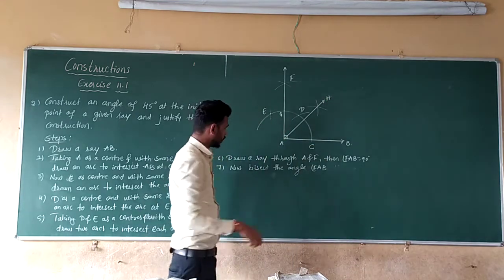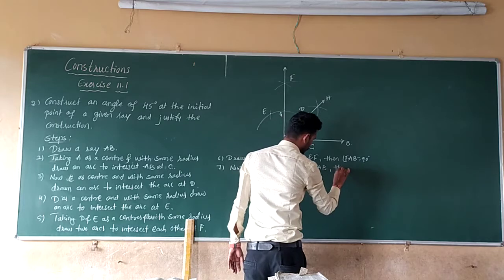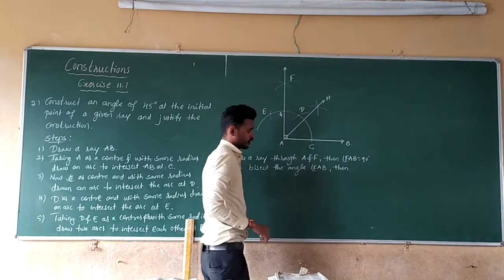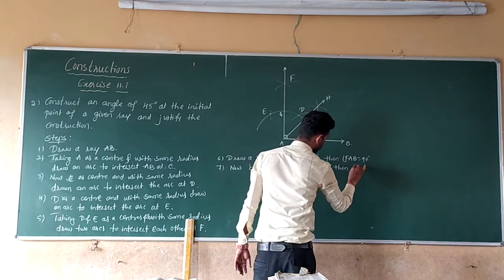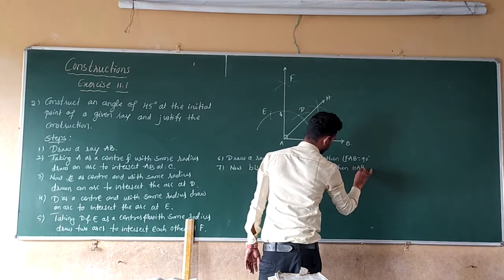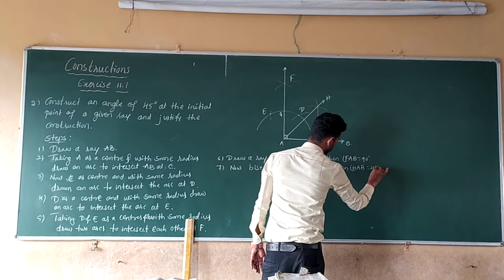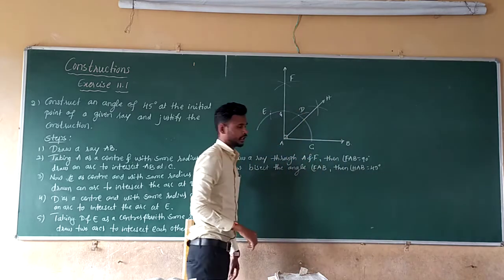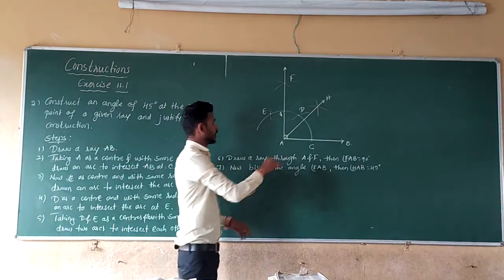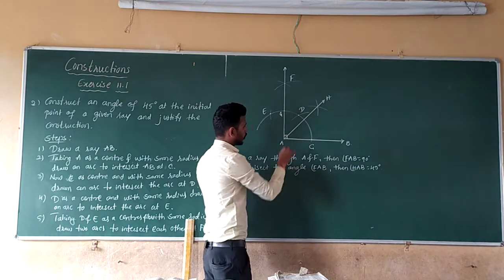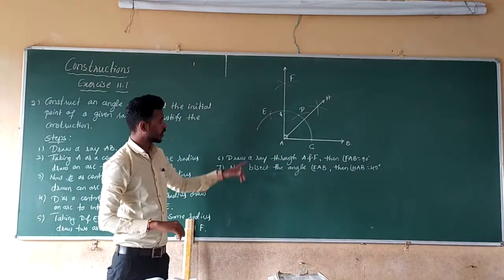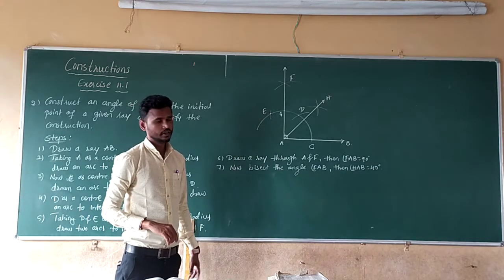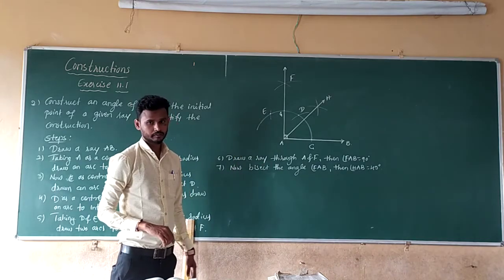Then you will get angle HAB equal to 45 degrees. HAB and HAF both are 45 degrees. So this is the construction of 45 degrees.